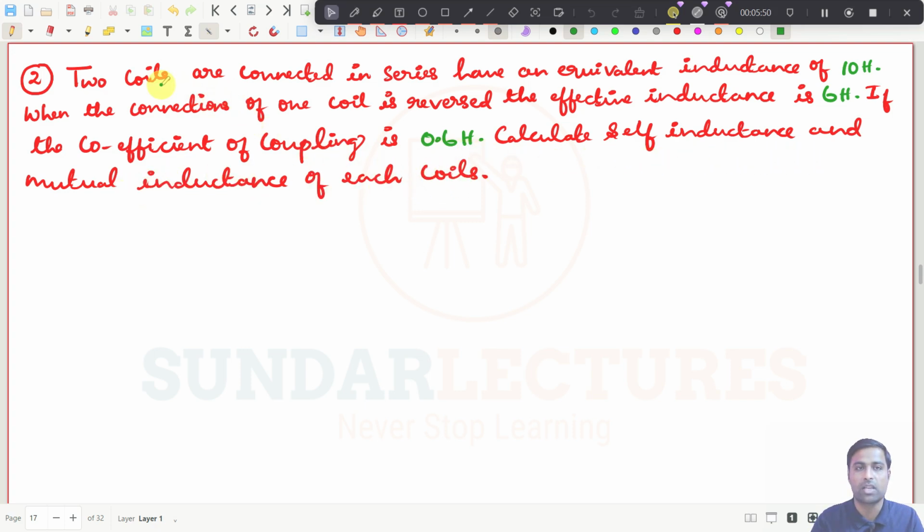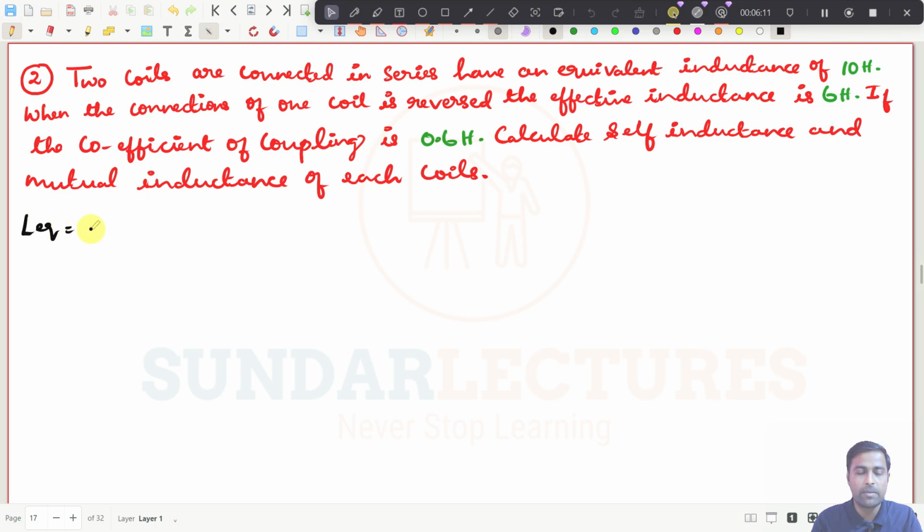Try to understand one thing. The two coils are connected in series and have an equivalent inductance of 10 Henry. They have not given whether it is series aiding or series opposing. You know the formulas, right? What is the L equivalent formula?